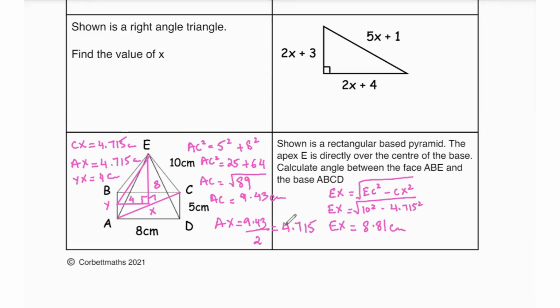So for that, we're going to use tangent because we have the opposite and the adjacent. So tan of theta equals 8.81 over 4. And the angle would be tan inverse of this fraction. And that's going to be 65.6 degrees. That is the angle between the face ABE and the base ABCD.